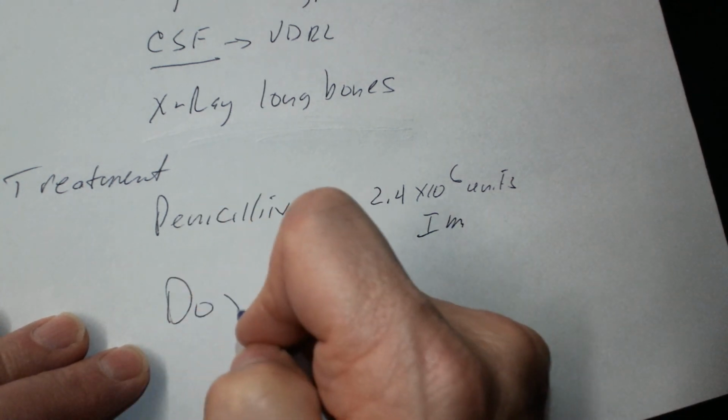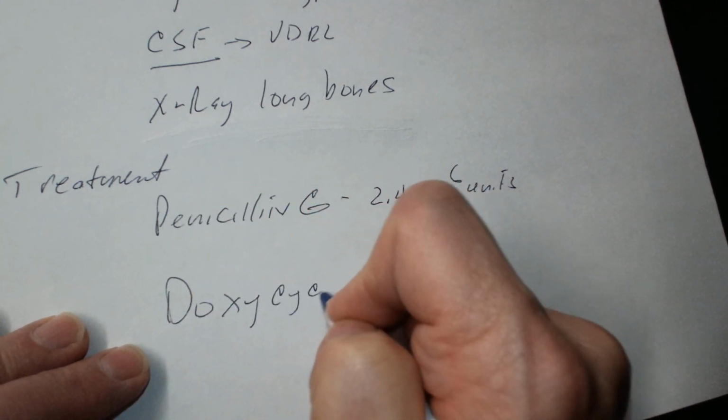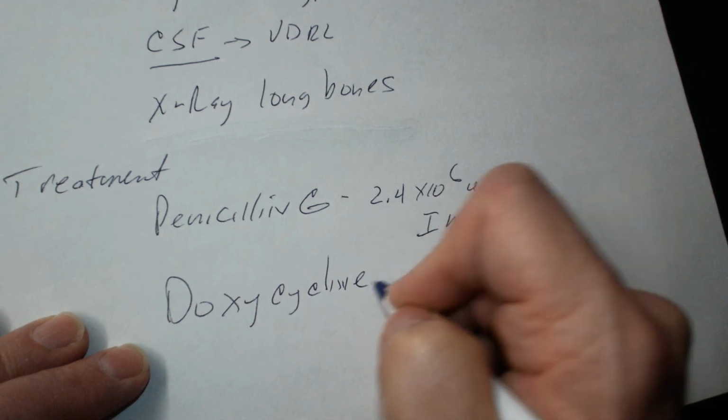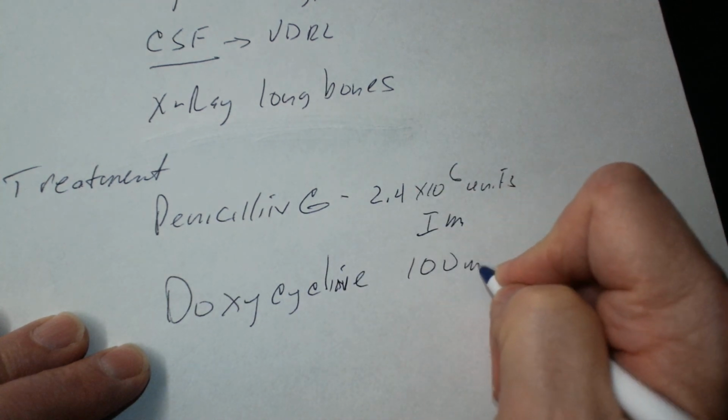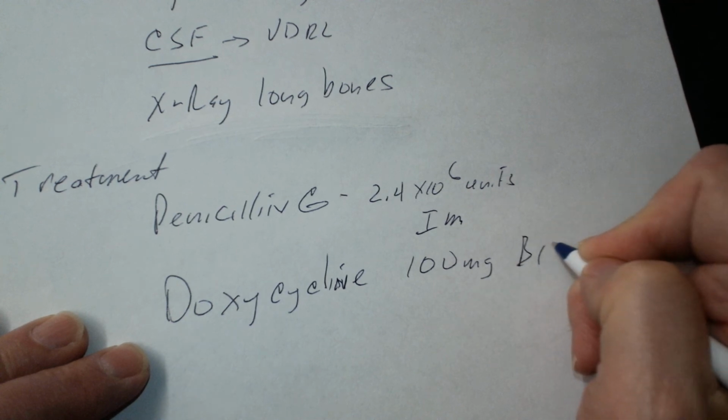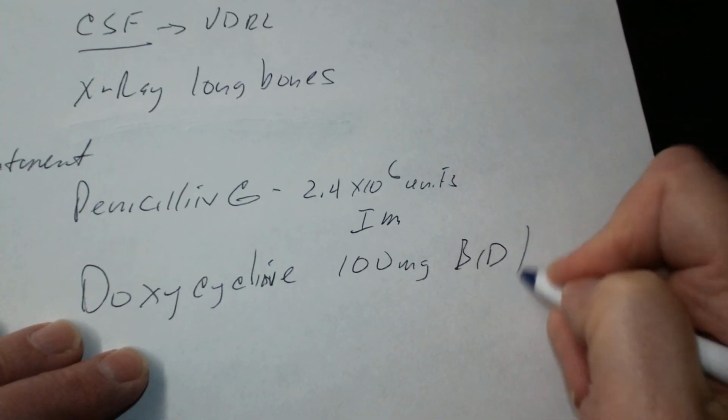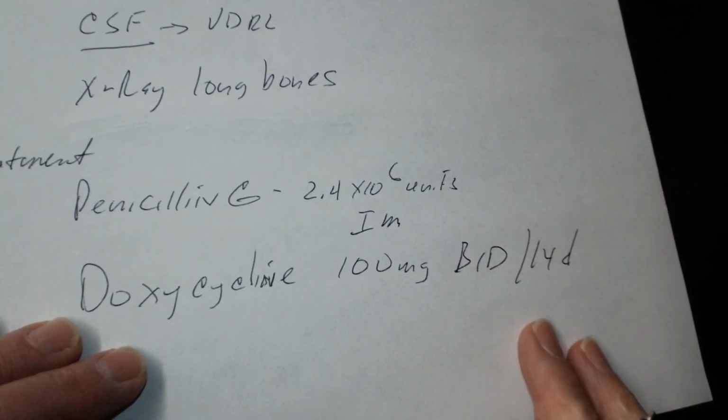In some cases, you can use doxycycline. That would be 100 mgs BID, twice a day. You treat for 14 days.